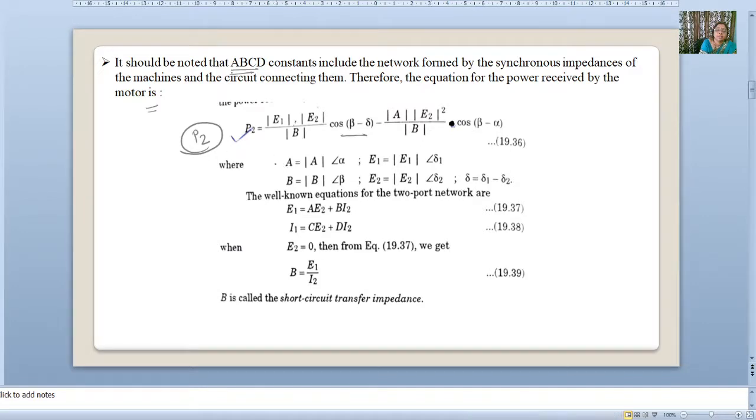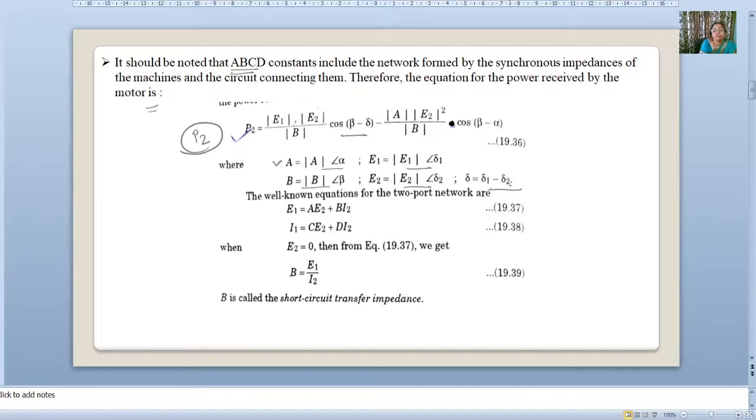How to find A? A is in the ABCD parameters. You have studied this in power system analysis last year, how to find the A, B, C, D parameters. A is at an angle of alpha, B is at an angle of beta, E1 is at an angle of del 1, E2 is at an angle of del 2. Del is del 1 minus del 2.